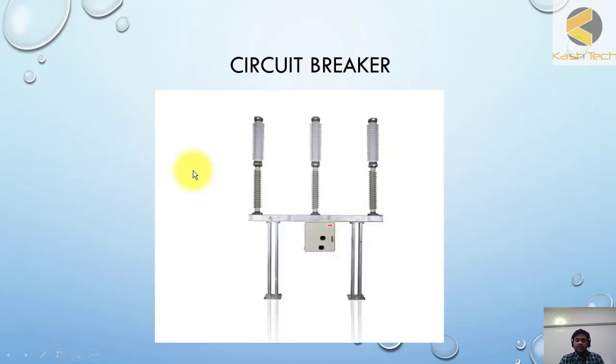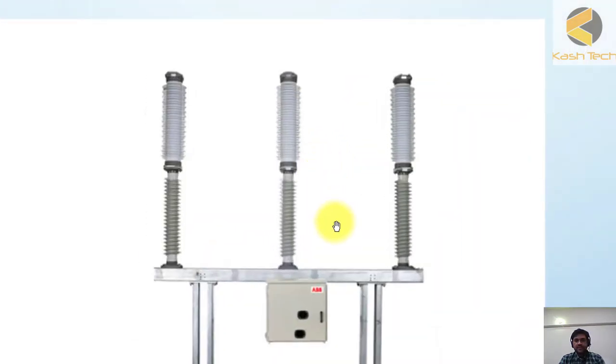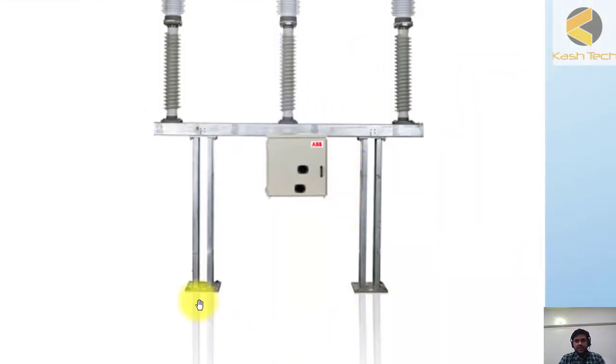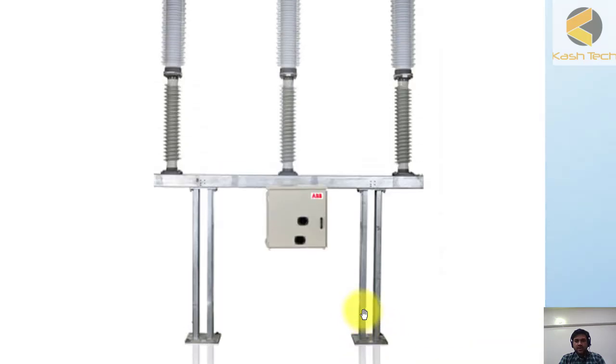This is how a 132 kV circuit breaker looks. If you see, this steel is called the structure, and here you can put bolts and fix it on the foundation. This is called the circuit breaker mechanism box. Here you can find the circuit breaker mechanism and controlling circuitry.